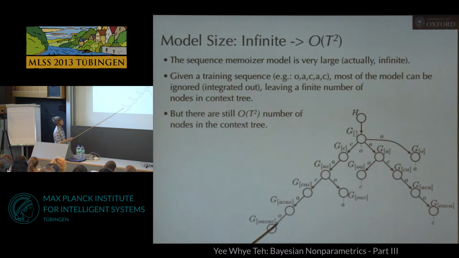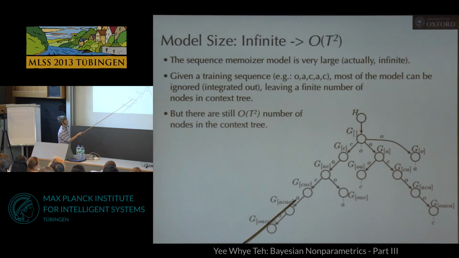So the idea is that instead of working with all the nodes on this tree, if you look at this path here, the internal nodes of this path each have only one child.